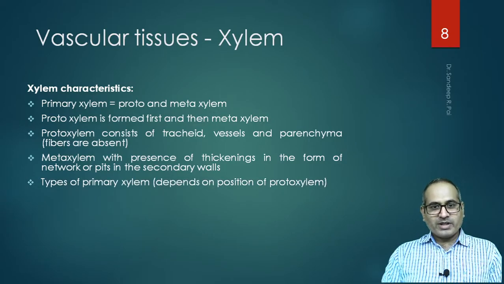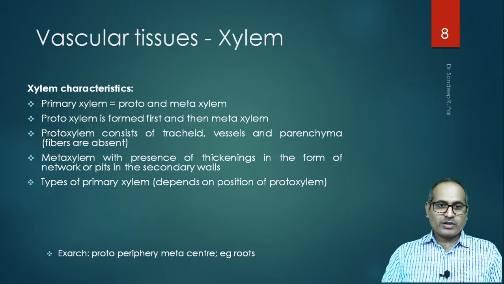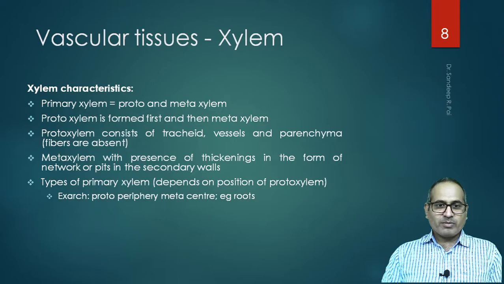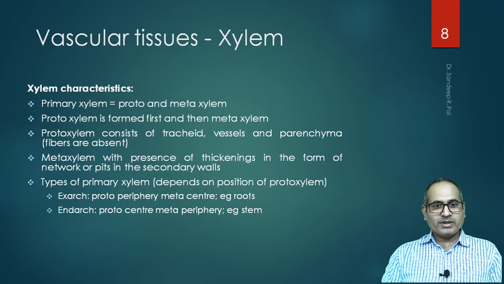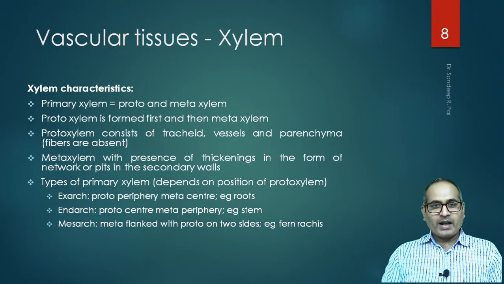The types of primary xylem depend on the position of protoxylem. If protoxylem is on the periphery and metaxylem is in the center, as observed in roots, this type of primary xylem is known as exarch. Protoxylem in the center and metaxylem at the periphery, as we see in the stem, is called endarch.